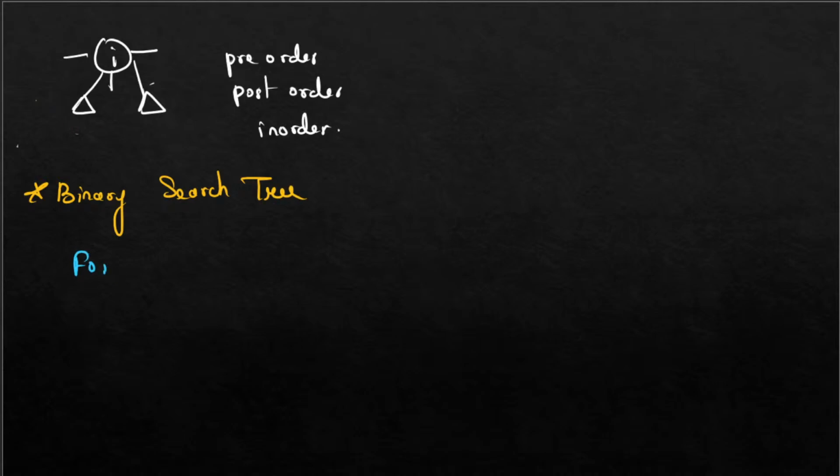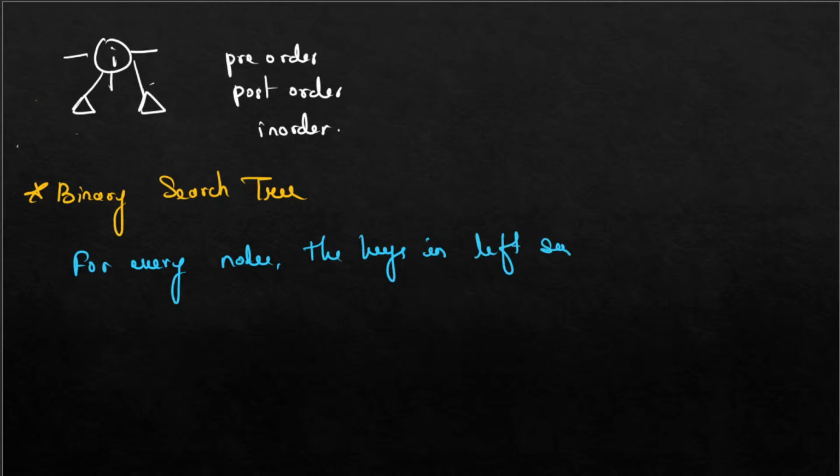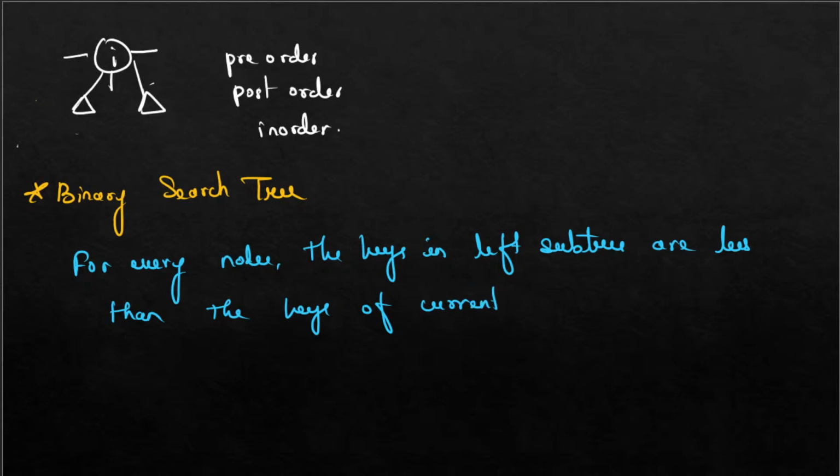For every node, the keys in the left subtree are less than the key of the current node, and the nodes in the right subtree are greater.